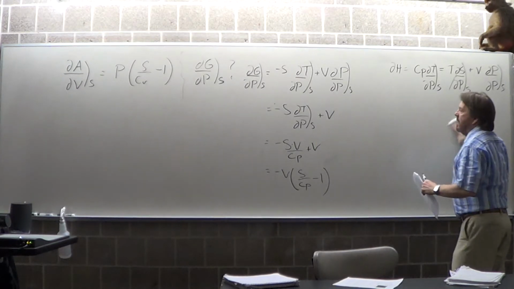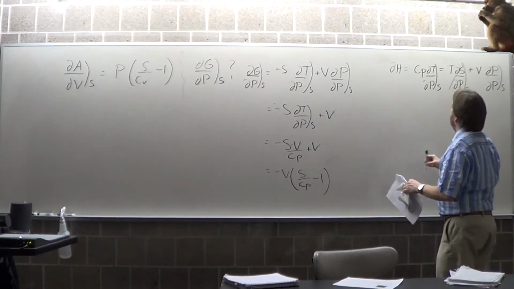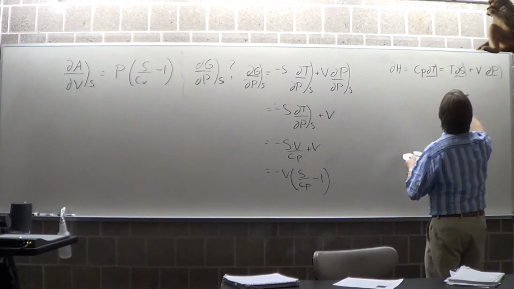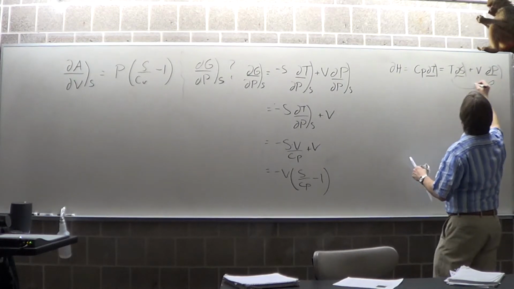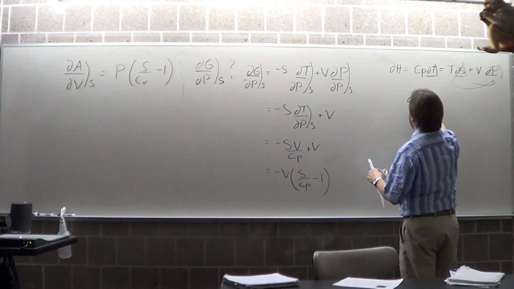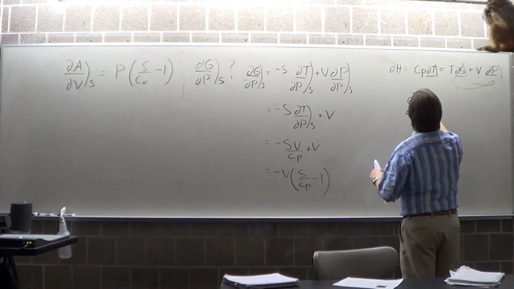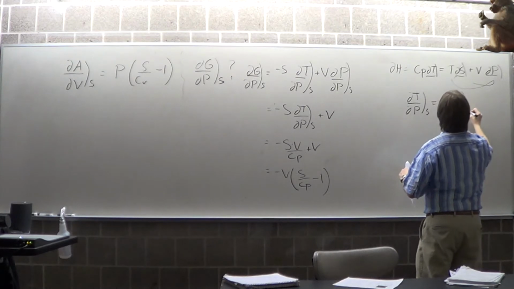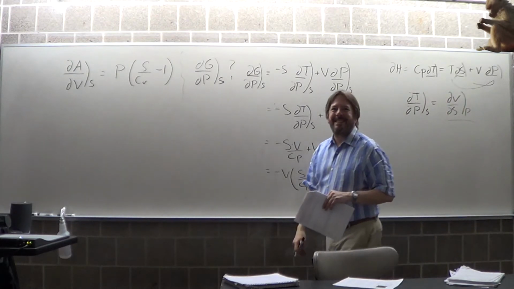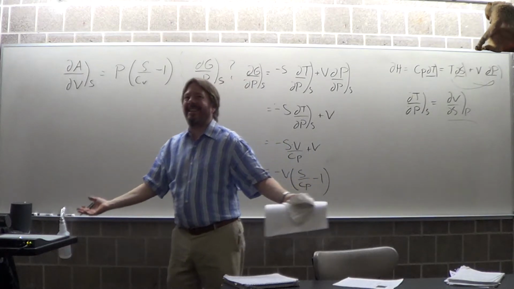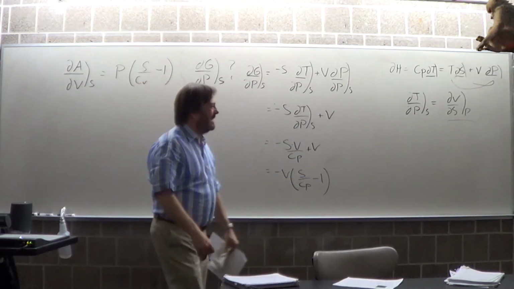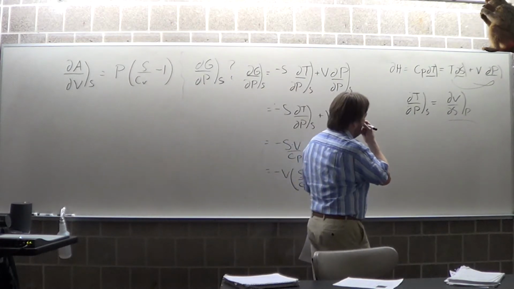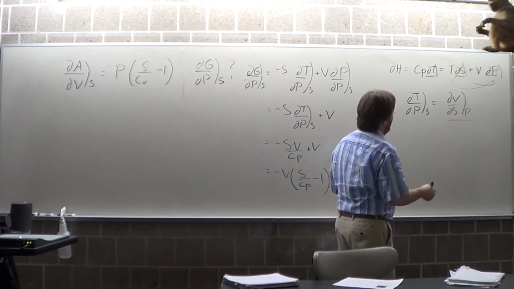Okay, what I need is, oh, that one's based on H. dT dP at constant S. Yeah, there you go. dV dS at constant P. What did that do? Sorry, it didn't help. Can't do anything.